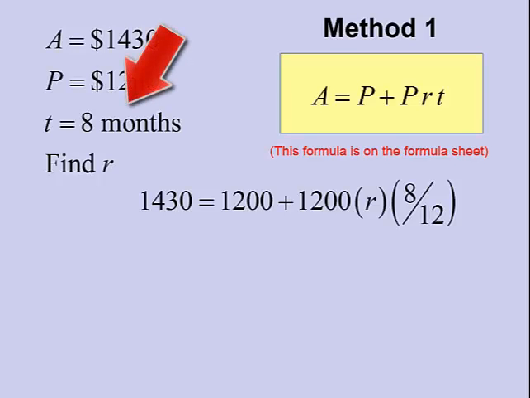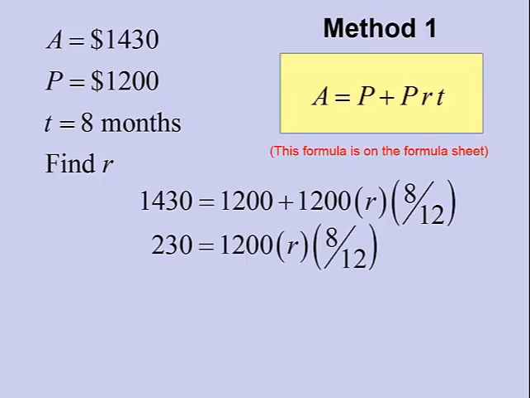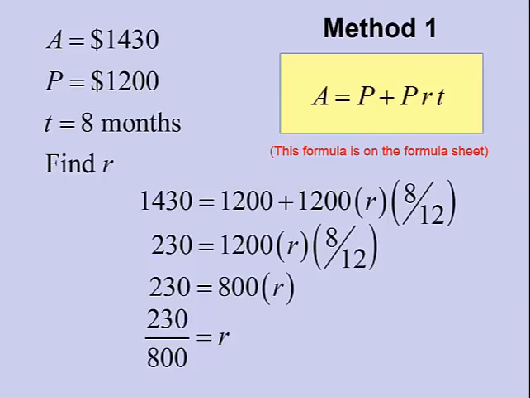Now the time is 8 months, so we have to use 8/12 for the time, because that's 8/12 of a year, and then leave the R alone. So we can solve this equation ourselves. And typing that into our calculator to get a normal looking interest rate. So that's one way. Take the formula off the formula sheet, put the numbers in, and solve.